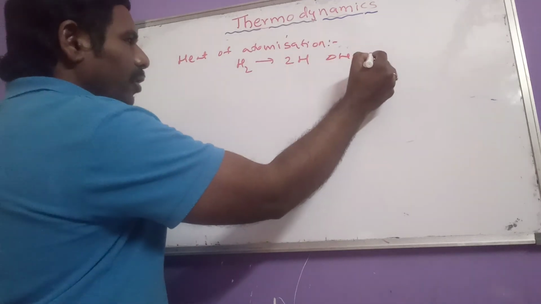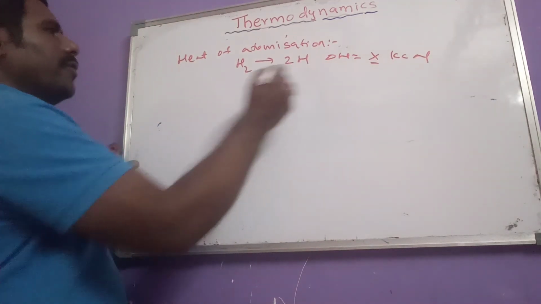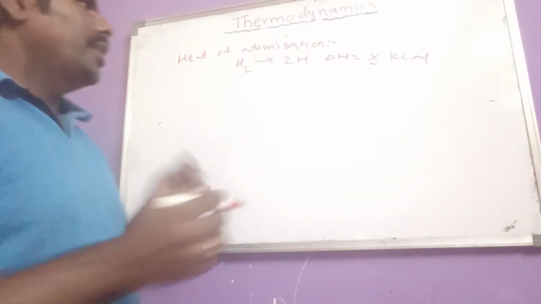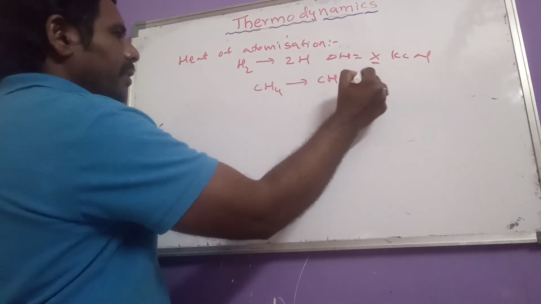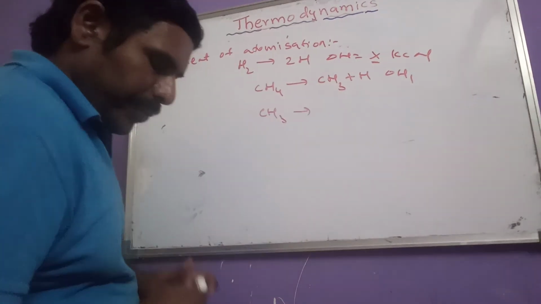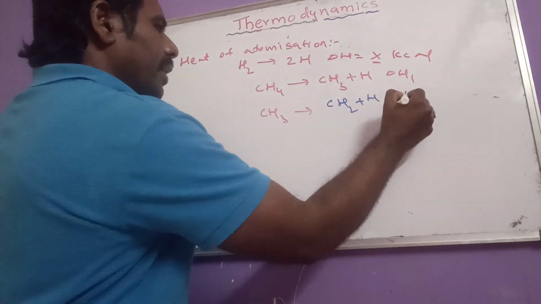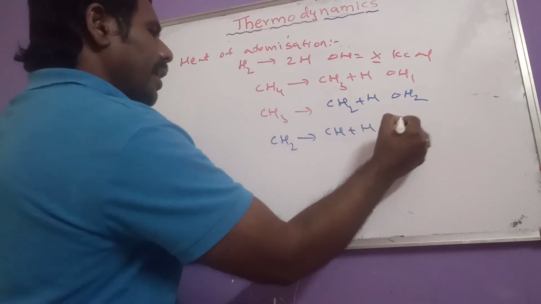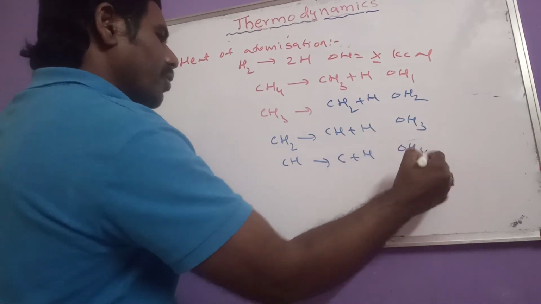The delta H value, suppose X kilocalories, is known as the heat of atomization of the H2 molecule. For example, for CH4: CH4 gives CH3 plus H, delta H1; CH3 gives CH2 plus H, delta H2; CH2 gives CH plus H, delta H3; CH gives C plus H, delta H4.